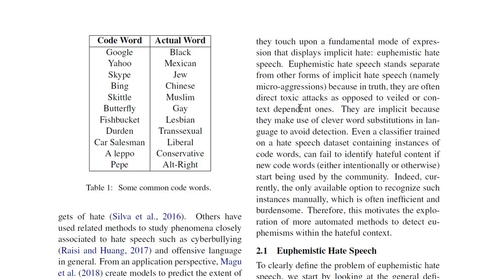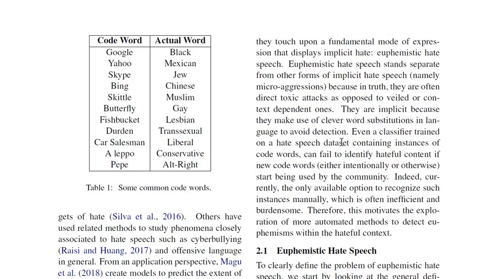So it might be sarcastic, or it is not really openly saying what it wants to say. It's just putting it out there, and people guess the implied meaning themselves because they've already seen other tweets by the user, or they know the beliefs of the user, or they share similar beliefs to the user. They are implicit because they make use of clever word substitutions in language to avoid detection.